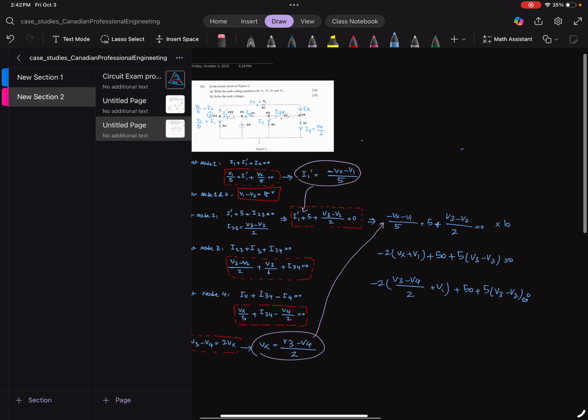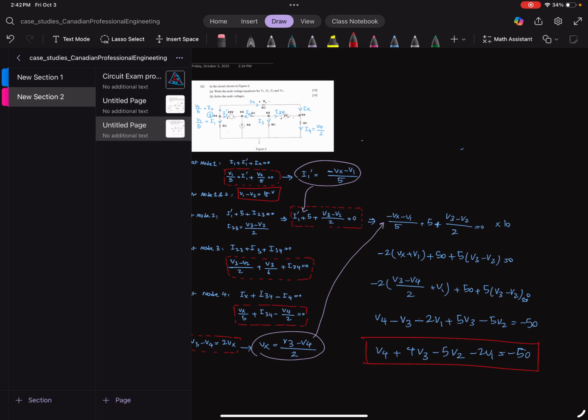Okay? Yay! So we have V4 minus V3 plus or minus 2V1 plus 5V3 minus 5V2 is minus 50. We can simplify this. V4 plus 4V3 minus 5V2 minus 2V1 is minus 50. That's another equation.